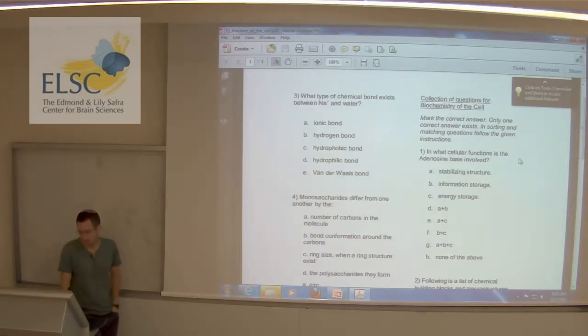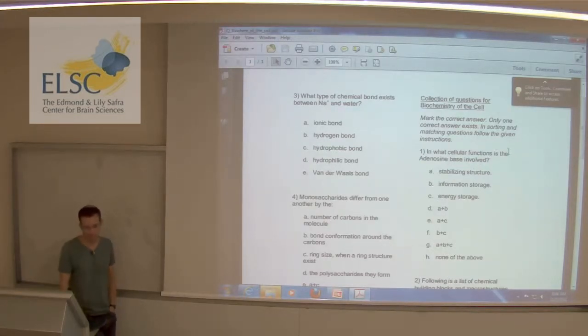In what cellular function is the adenosine base involved? Remember we talked about the base adenosine, and we mentioned it in a couple of different contexts. So which is the right answer? Let's start with A. Is the adenosine base involved in stabilizing any kind of other structures, any kind of RNA molecules, protein?